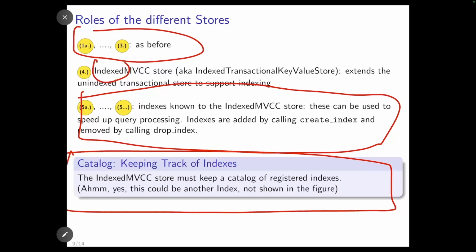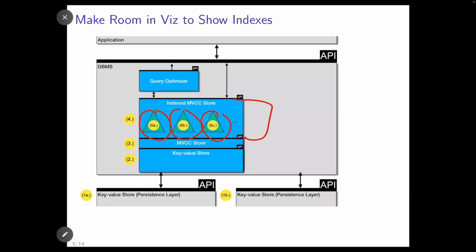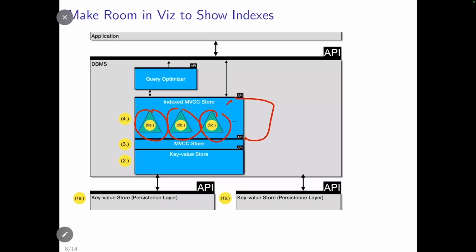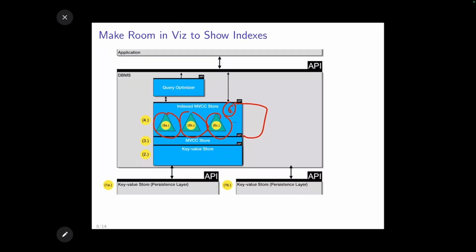This catalog, again, is an index in the sense of my API. I didn't do this to not confuse you even more. I could make a 0.6 here if I wanted, which is the catalog. That's okay, you can do that. And I think we have an assignment along the lines of the catalog when it comes to transactional properties, but that's something for the assignment sheet.